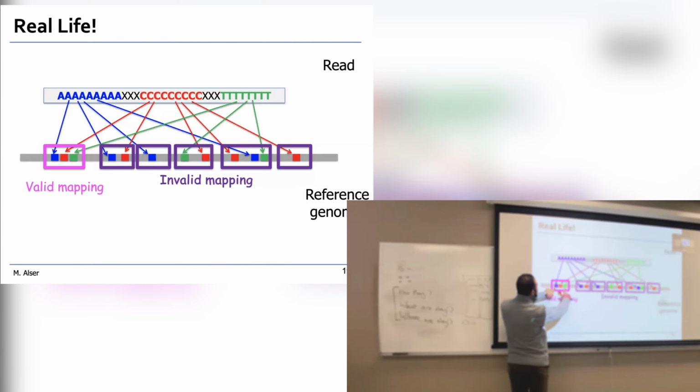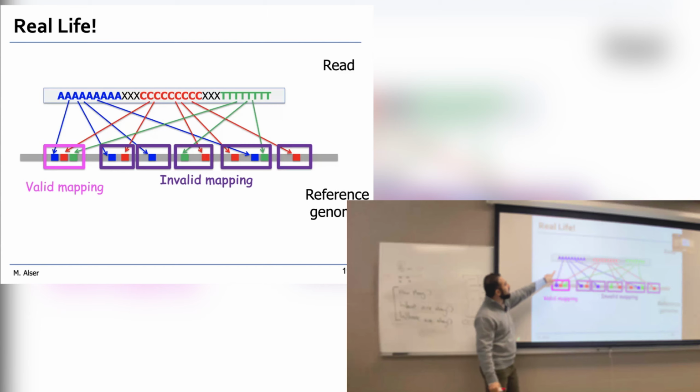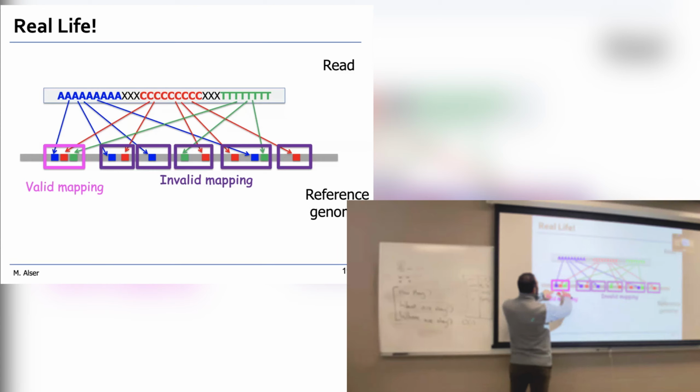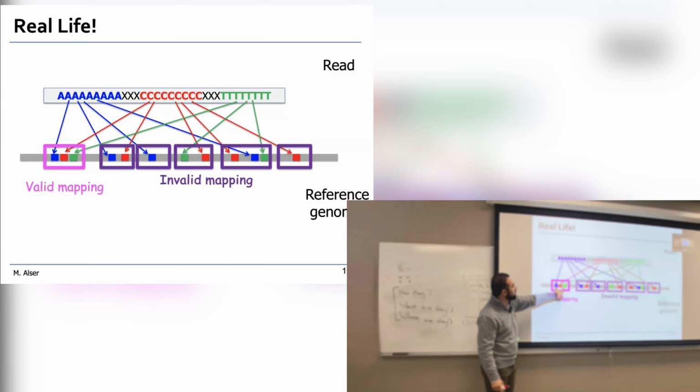We don't pick starting from this seed or this seed. Why? Because we are not sure if we collect seeds from the beginning of the read or not. We might be missing some characters over here. That's why we take some gap, or we allow for some large variation around the seed. So if those seeds cover 100 characters, we allow for 120, for example, 10 from here and 10 from there, and we take all this large subsequence.